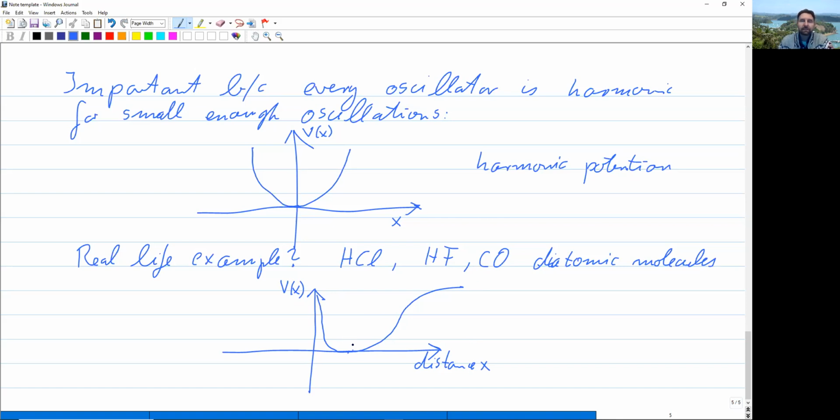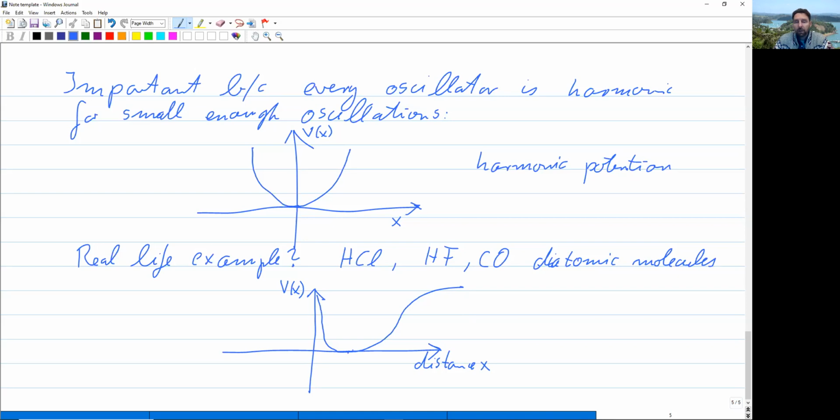And why does it look like that? Well, you see, if you bring them very close to each other, the carbon and the oxygen, then they're going to repel each other, and there's very, very high energy. You need a lot of energy to bring them very close to each other because they repel each other. On the other hand, if you pull them apart, the carbon and the oxygen, well then eventually you just have pulled them apart and they become free.